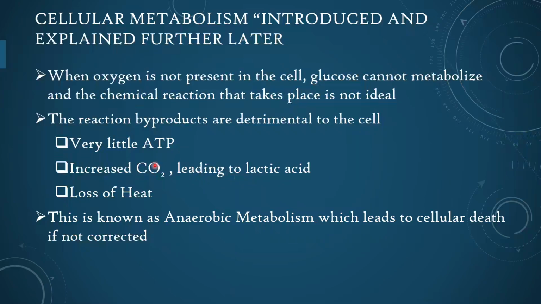And remember I said earlier that large amounts of CO2 are going to lead to acid. In this case it's called lactic acid. And we're not going to get the heat that we need to help the body stay warm. And so anytime this happens, we call that anaerobic metabolism. And that, if not corrected, is going to kill the cell and lead to cellular death.